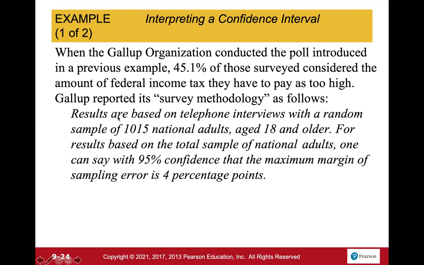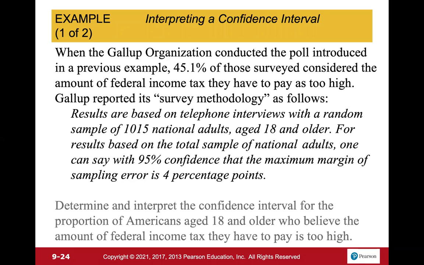Gallup reported its survey methodology as follows. Results are based on a telephone interview with a random sample of 1,015 national adults aged 18 and older. For results based on the sample of national adults, one can say with 95% confidence that the maximum margin of error or sampling error is 4 percentage points.